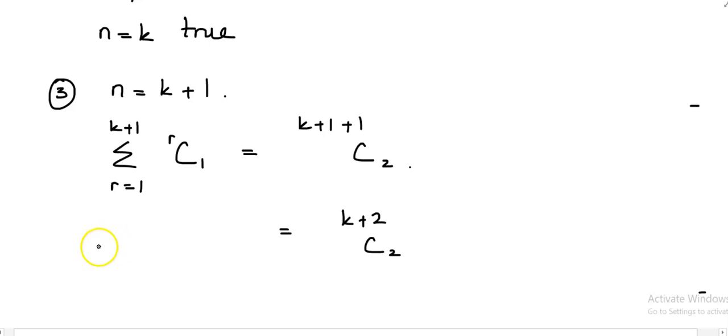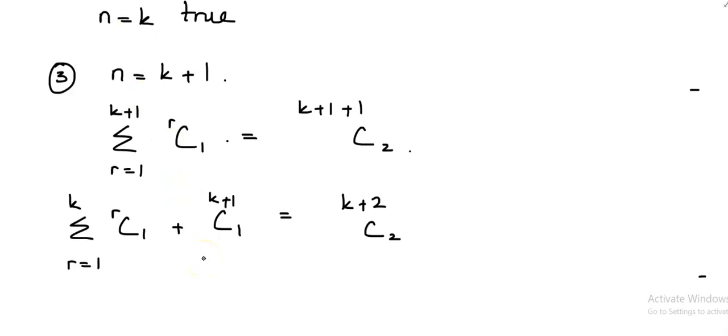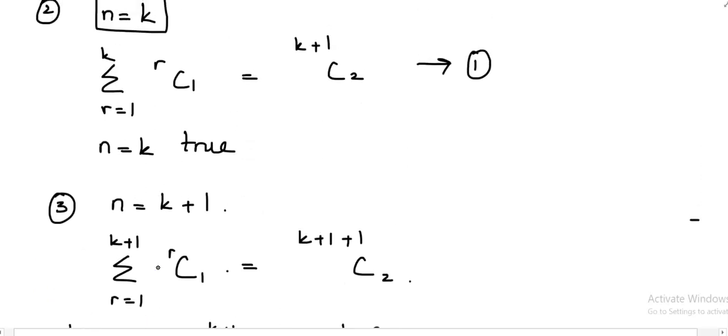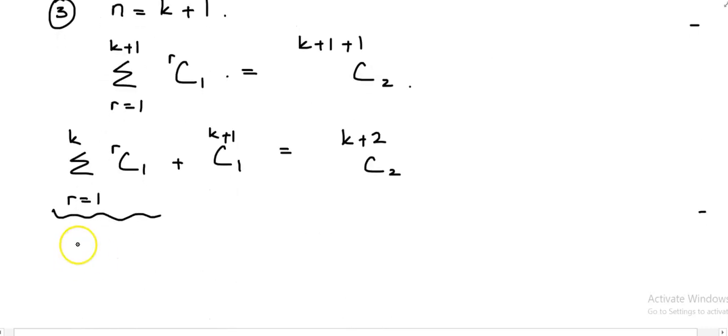I can write that as the sum from r equal to 1 to k of r combination 1, plus 1 combination k plus 1. Now I will substitute the sum in this side with equation 1. So this becomes k plus 1 combination 2.